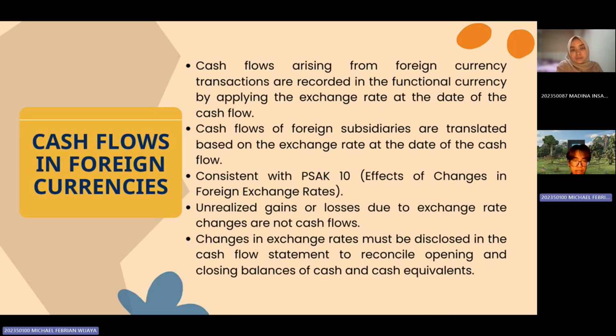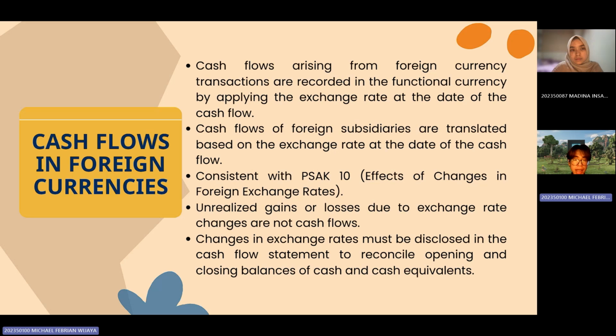Okay, the next one is cash flows in foreign currencies. The first one is that cash flows arising from foreign currency transactions are recorded in the functional currency by applying the exchange rate at the date of the cash flow. The second one is that cash flows of foreign subsidiaries are translated based on the exchange rate at the date of the cash flow.